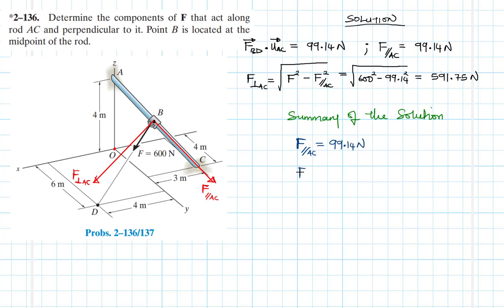And the perpendicular to AC is equal to 591.75 newtons. Are we there? Okay, I guess we are done.